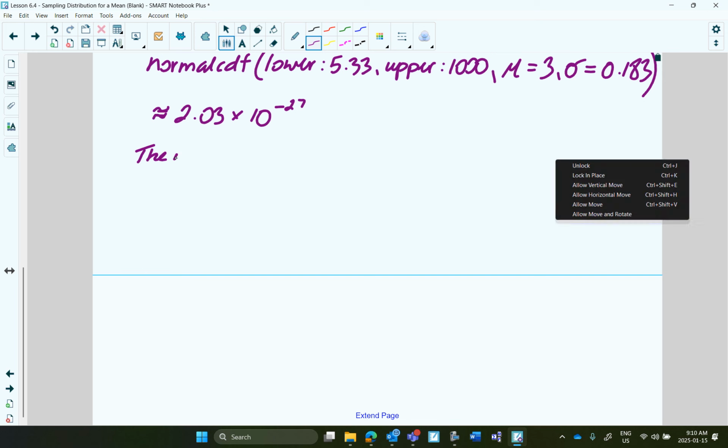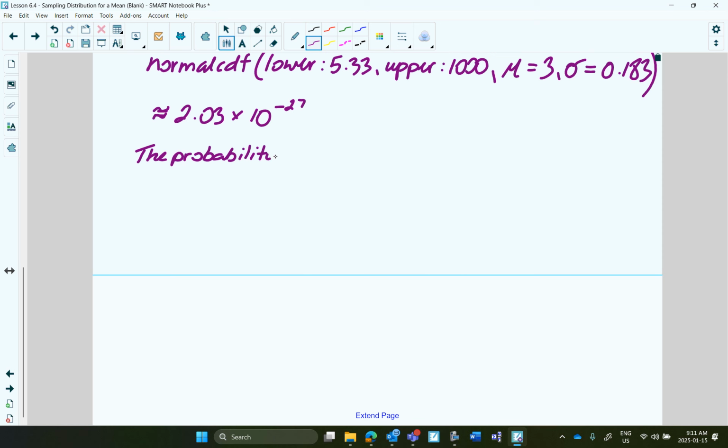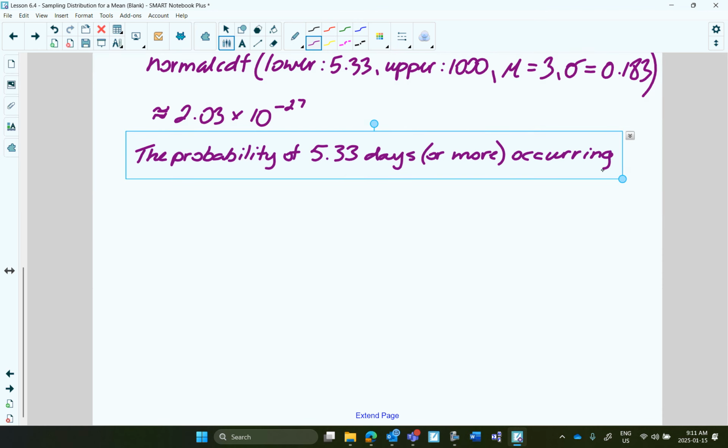So the probability of 5.33 days or more occurring is essentially zero. I mean, you can put in that scientific notation number, but basically it's zero. This is extremely unusual.